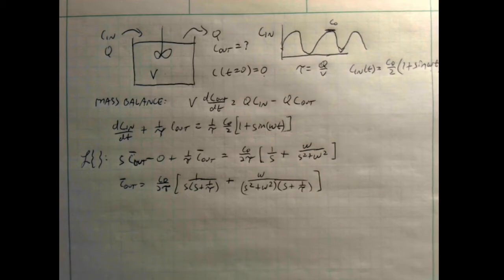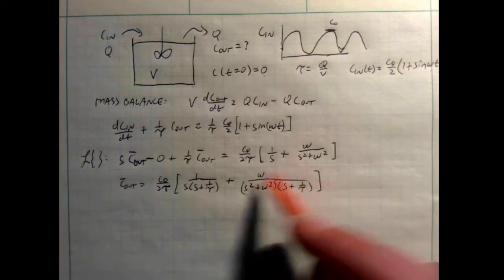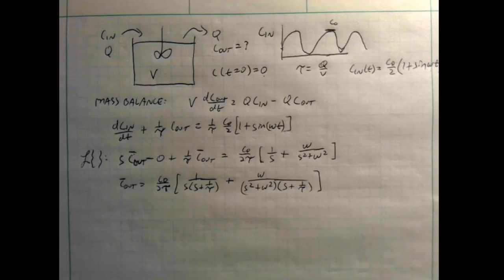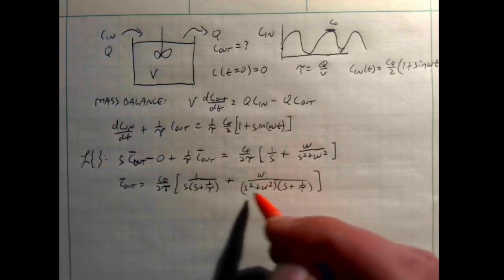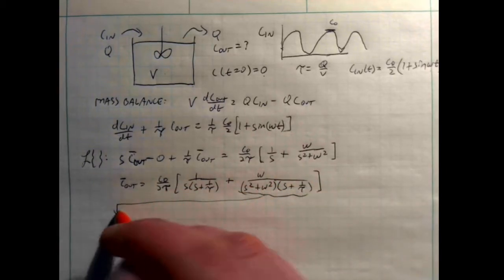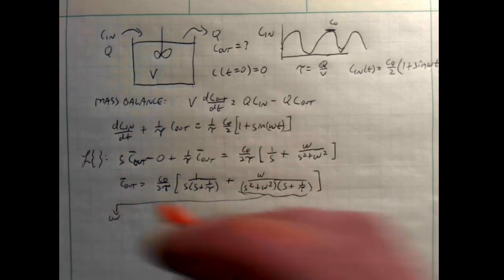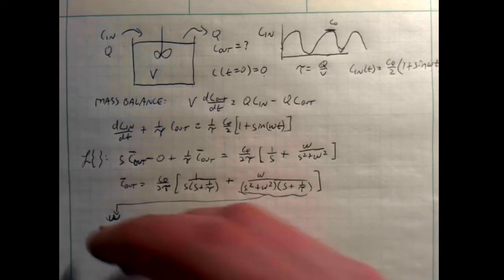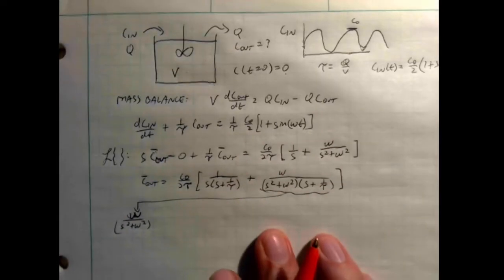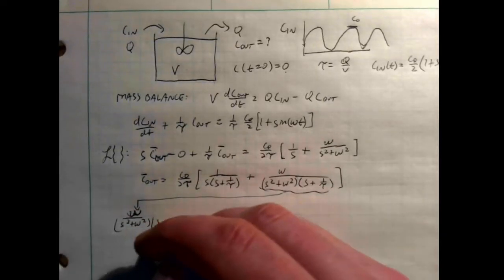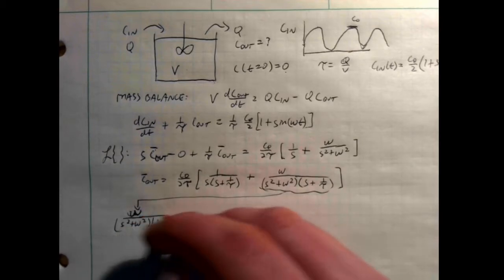Okay, and so this thing I can't easily invert. Maybe you could find a table that gives you the value, but I wanted to go ahead and do it using partial fraction decomposition. So I'll write out that we're going to do this part over here: omega over s squared plus omega squared times s plus 1 over tau.